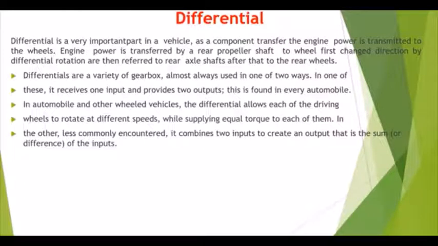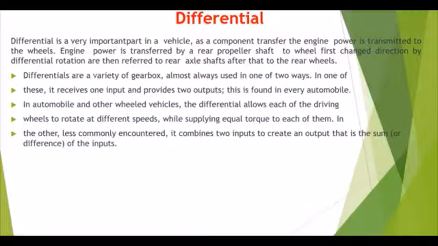Let's say you take a left turn, you have inner wheels and outer wheels. The inner wheels, on the left side, rotate slower than the outer wheels, while the outer wheels, on the right in the case of a left turn, rotate faster than the inner wheels. In such a way, you make a turn of your vehicle.